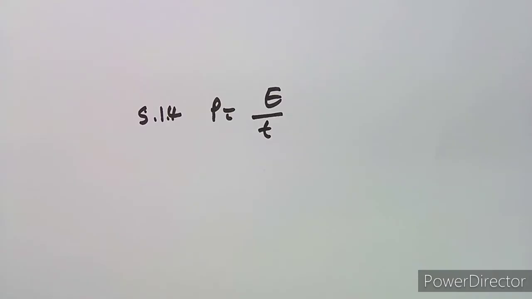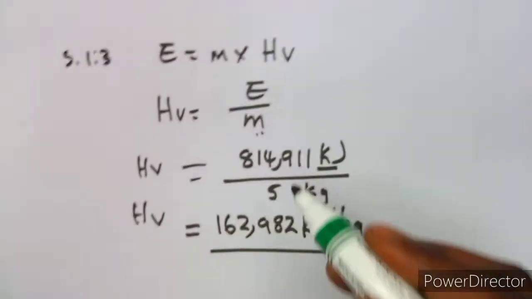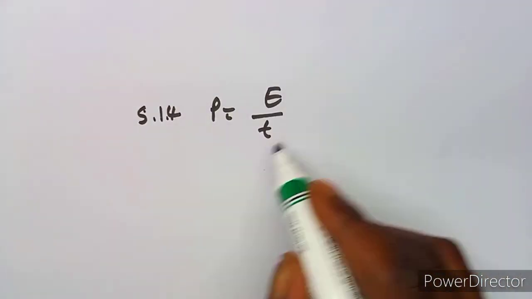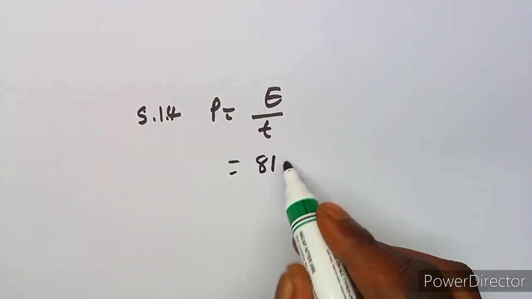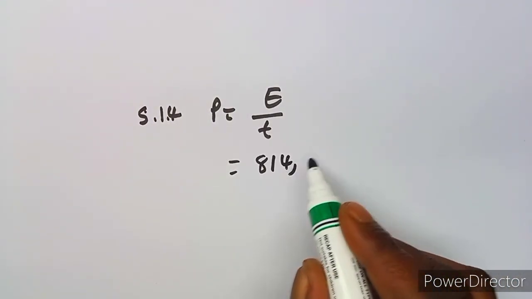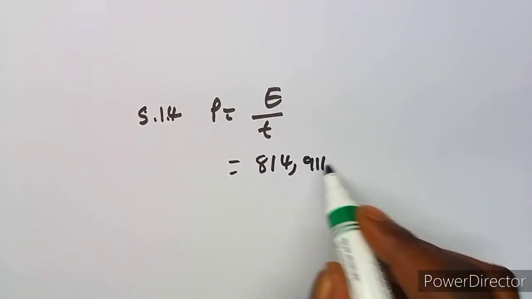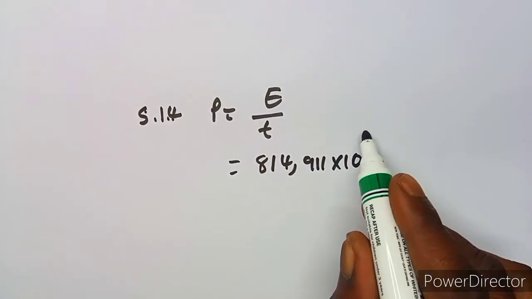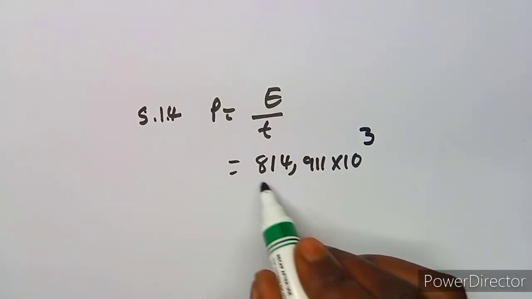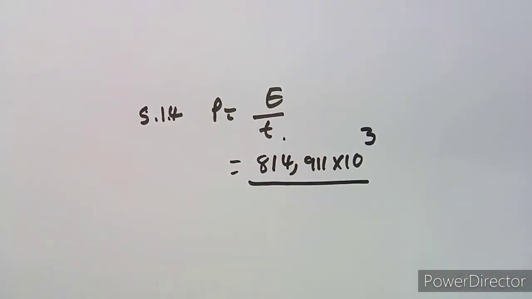Power is equivalent to energy over the time that was taken. The energy is still the same, the one that we had here, the one that we substituted, of 81, because we are talking about the energy of the fuel. 814,911 times 10 to the power 3, because this is kilo, over the time.